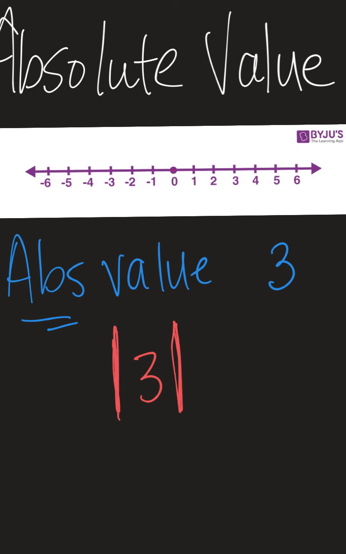These vertical lines tell us that we're dealing with absolute value. In other words, the distance from 0, okay? So we have positive 3 inside here. I look at my number line, and from 3, I am 1, 2, 3 units away from 0. The absolute value of 3 is 3.